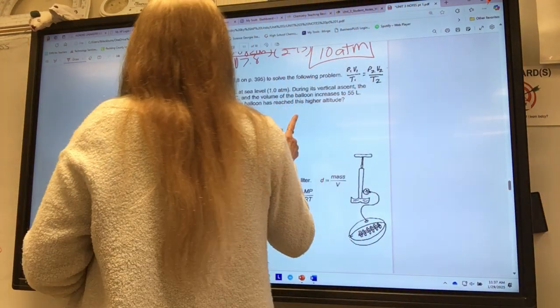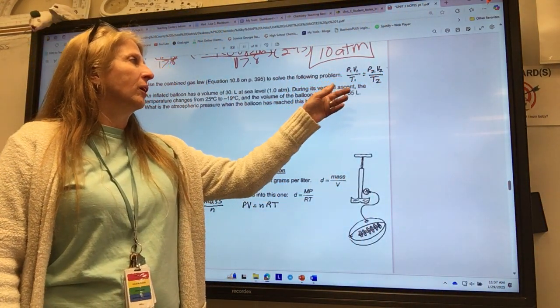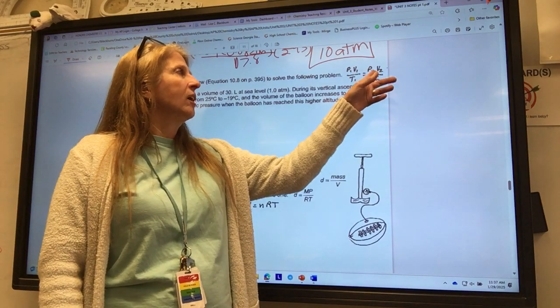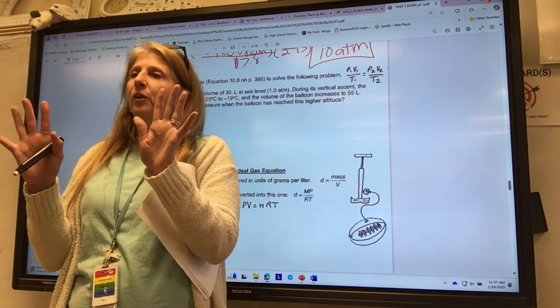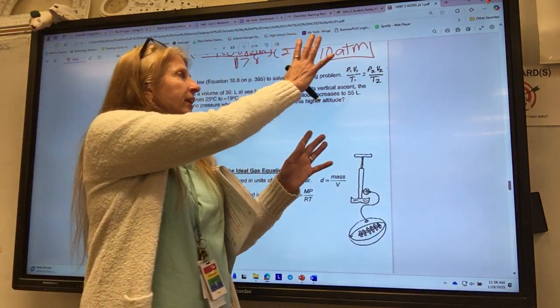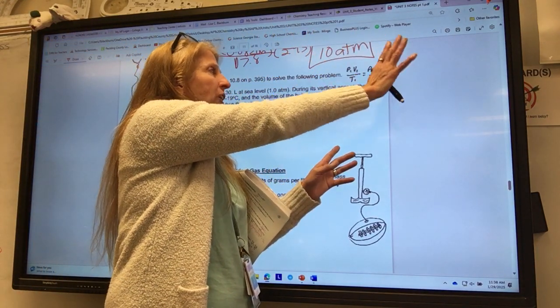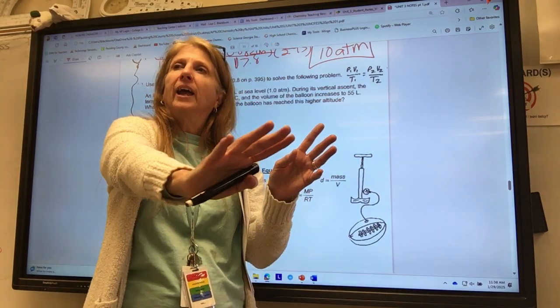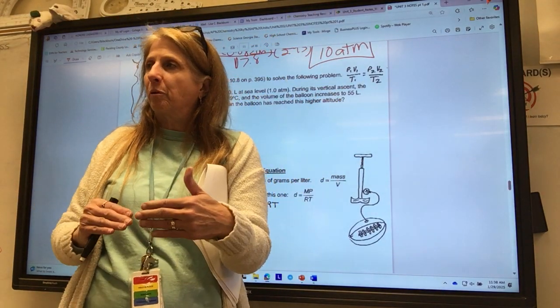Okay, so this is what I wanted to show you. Do you see how this is the combined gas law? P1 V1 over T1 equals P2 V2 over T2. You don't really have to memorize that. If you think about it, this is the ideal gas law set equal to another ideal gas law where you mark out the stuff that isn't important for that problem.